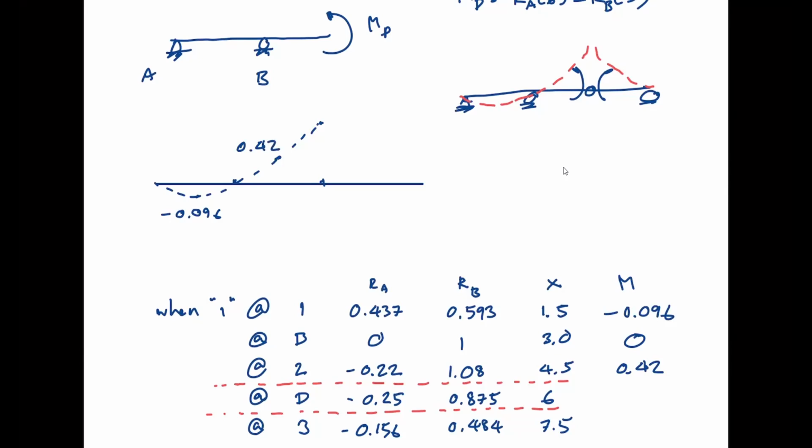Now at D should be a big value. 1.125. What about you, Akrapan?